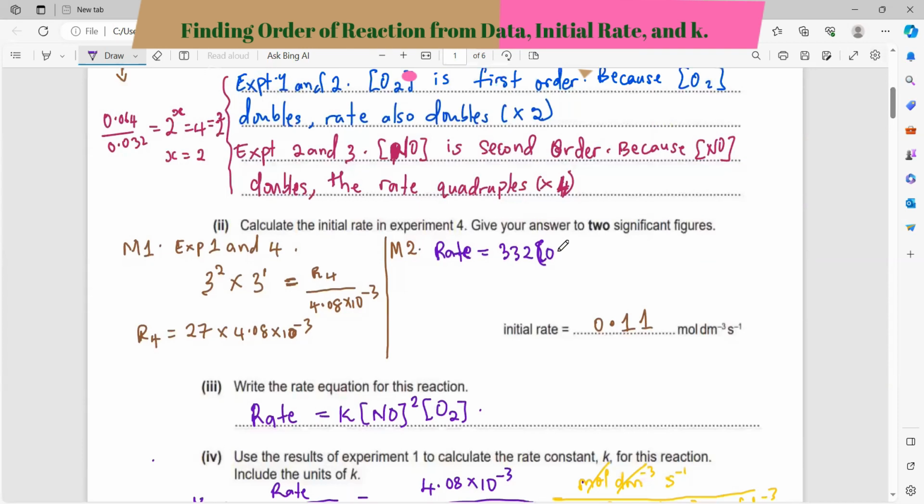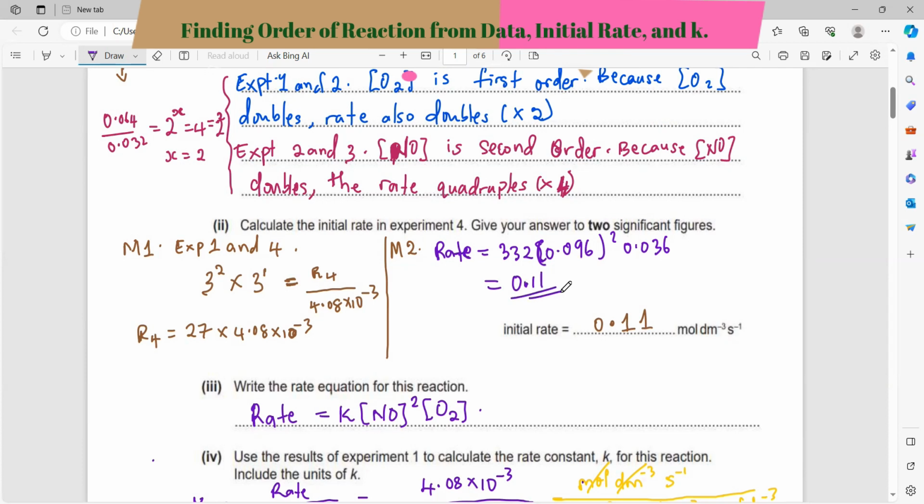So 0.096 square, 0.036. Use your calculator. 332 multiplies 0.096 square multiply 0.036, and that gives you the same answer, 0.11.